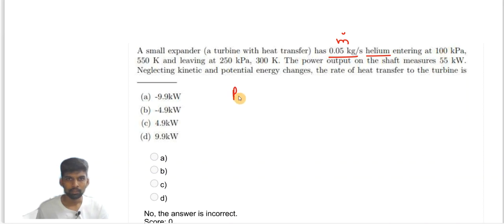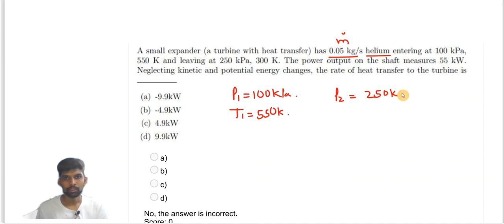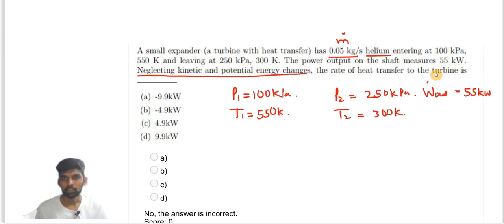Entering pressure is 100 kPa, T1 is 550 Kelvin, and leaving at 250 kPa, T2 is 300 Kelvin. Power output, that is W out, is 55 kilowatt. We have to neglect the kinetic and potential energy changes, straight away given. The rate of heat transfer to the turbine we need to calculate. Okay.